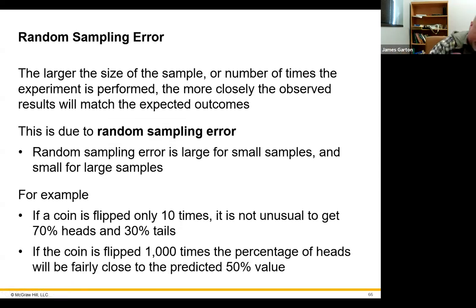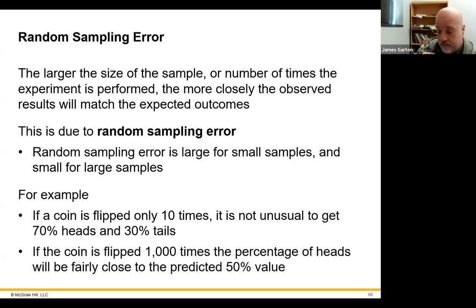And then it talks about random sampling error. In genetics, especially, the larger the sample size, the more accurate your predictions can be. That is just due to random error. This random error is relatively large for small sample sizes and very small for large sample sizes. So they give you the example: if a coin is flipped 10 times, it shouldn't be beyond the scope of your expectations to get a 70-30 ratio.